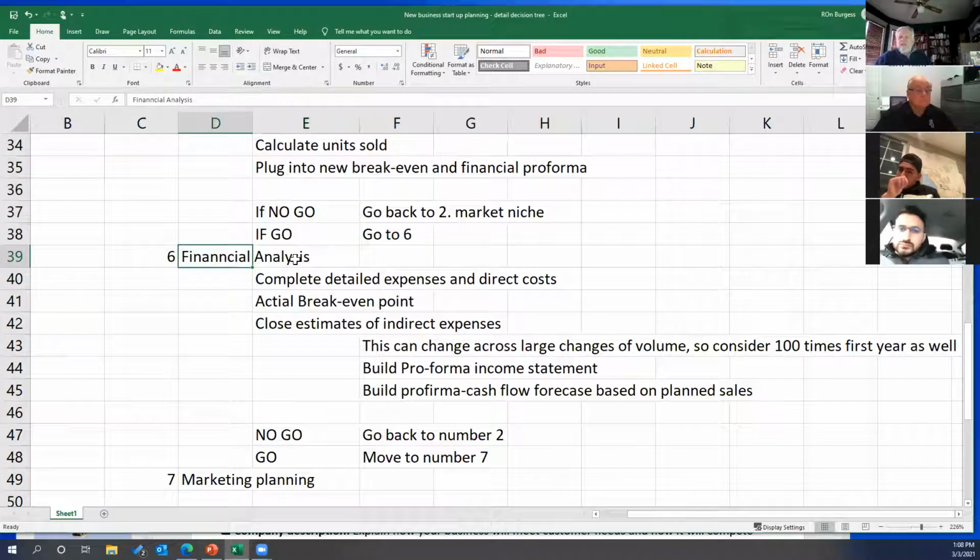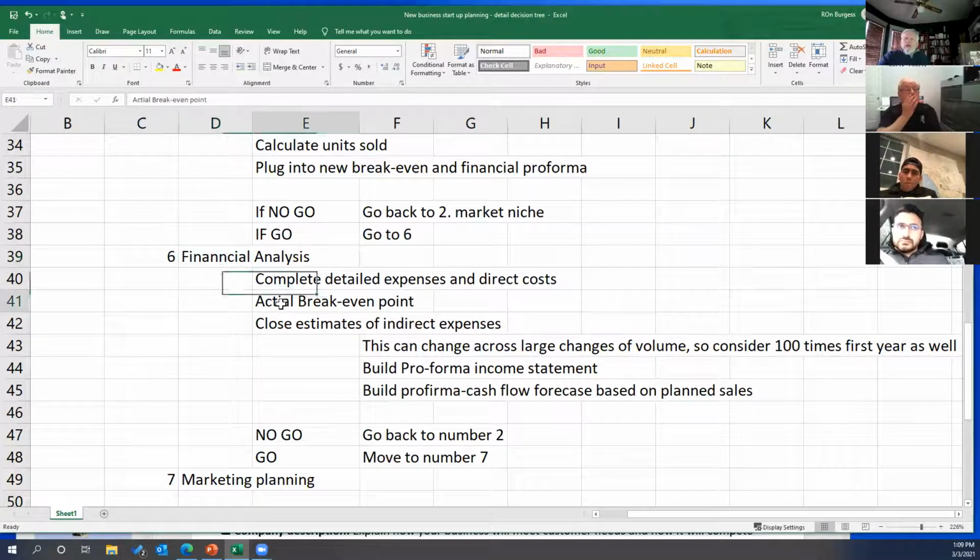And in step 6, you can do your full financial analysis. This is where you would complete detailed expenses and figure out your direct costs so that you can identify your margins. You put together an actual break even.